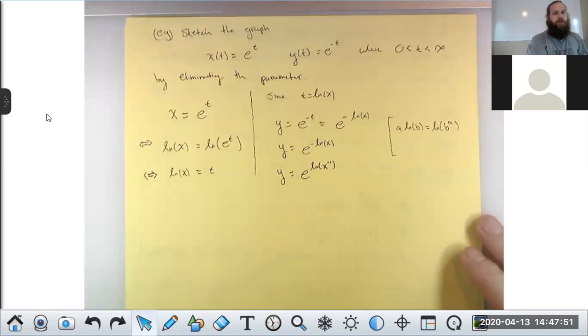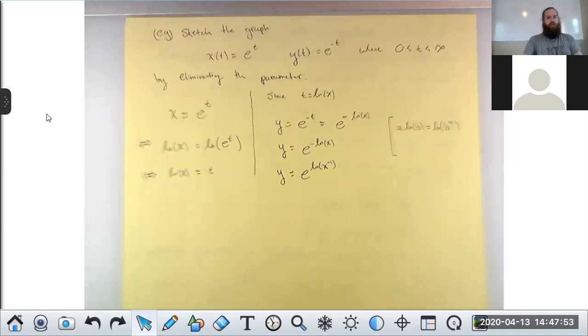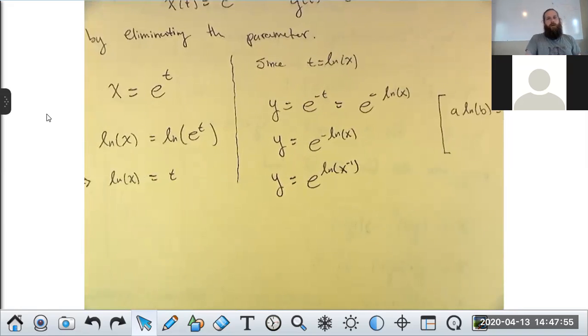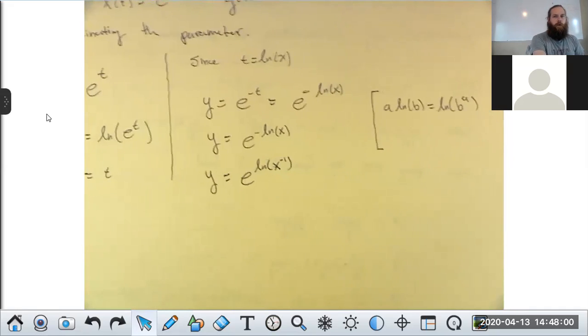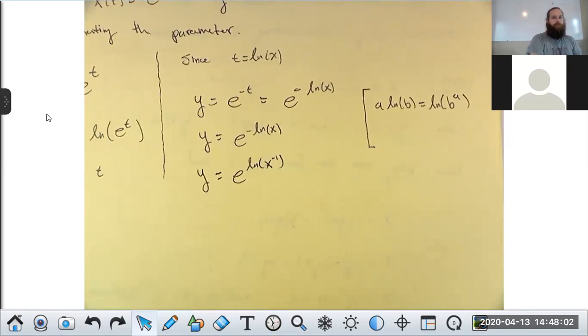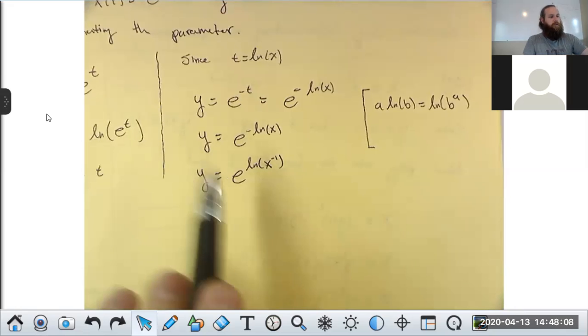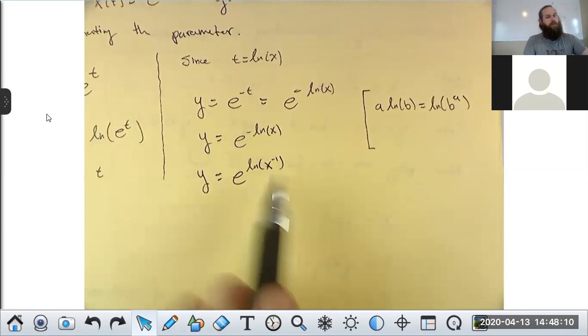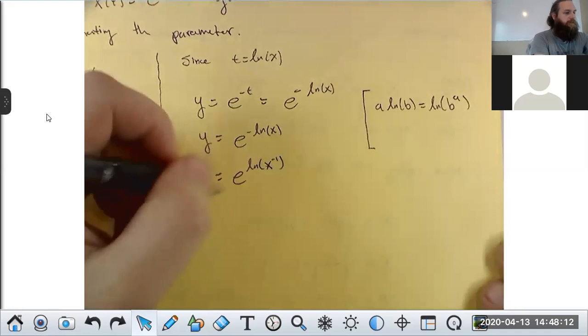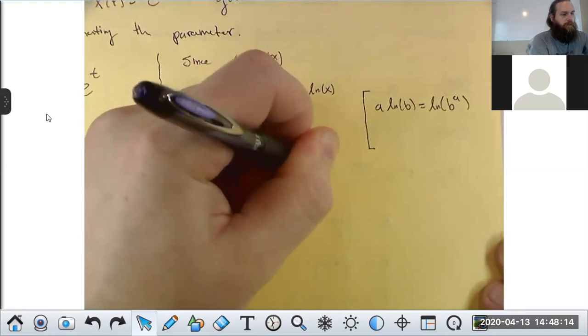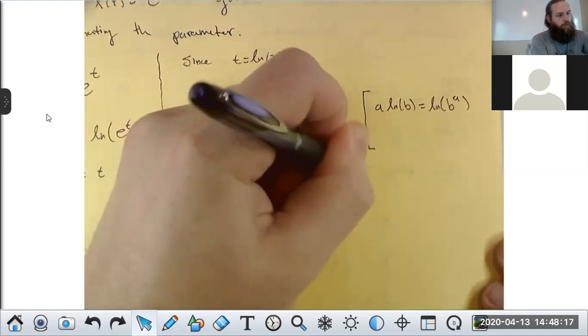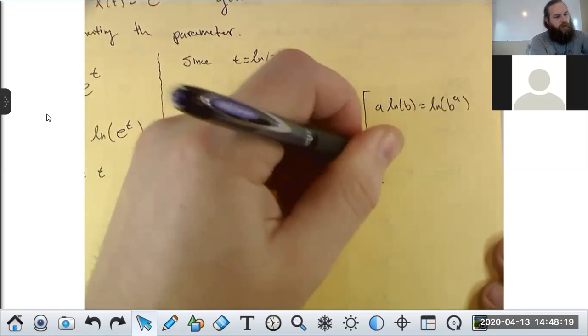So e raised to the negative ln of x is the same as e raised to the ln of x to the negative 1, because I have this property of logarithms. And then again, just like we said here, the ln of e to some stuff is always just that stuff. Well, this is e to the ln of some stuff. That is also just that stuff. So this is the same as saying y equals x to the negative first.